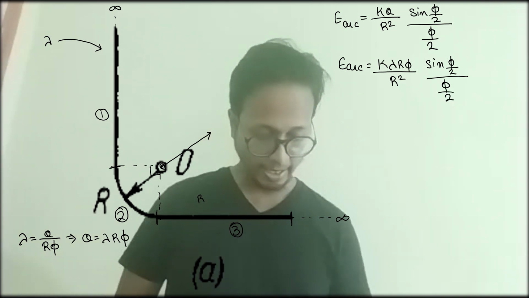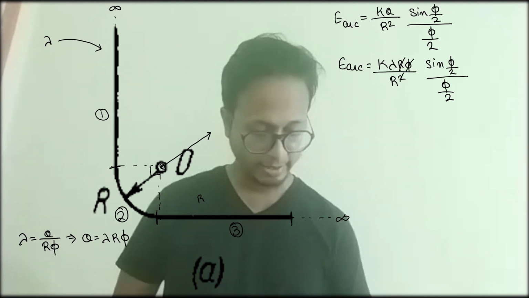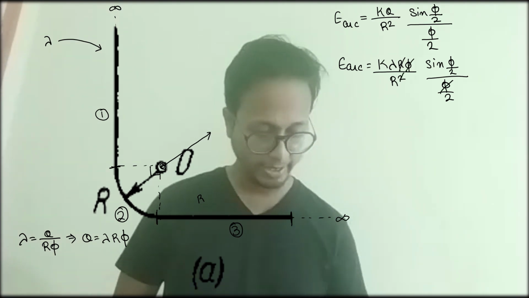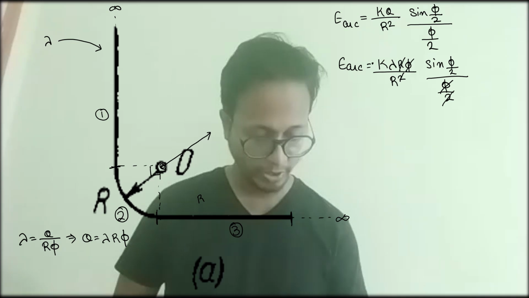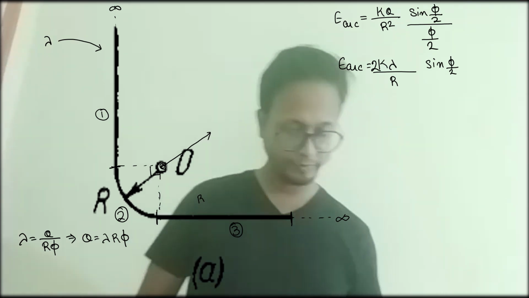The r would cancel out this r, this phi would cancel out this phi, and these two would go upward. So what you are left with is 2k lambda by r sine phi by 2, isn't it?